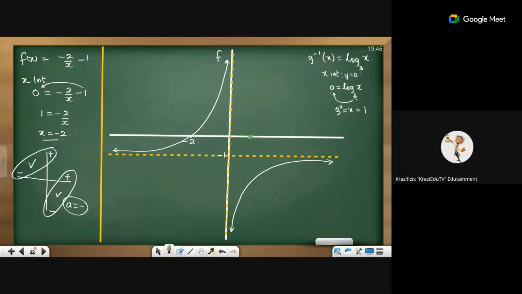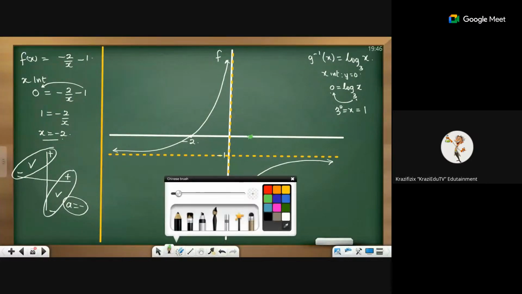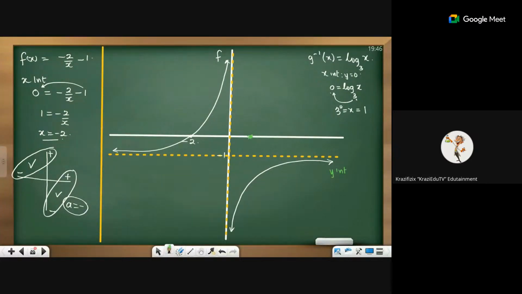What's the next thing? If I want to find my y-intercept, what should I do? Make x what? I want you to see what the calculator is going to give you. Put that on the calculator. You're going to get an error. The question is, what does that mean? It means there's no y-intercept.